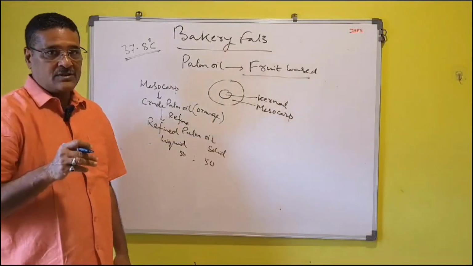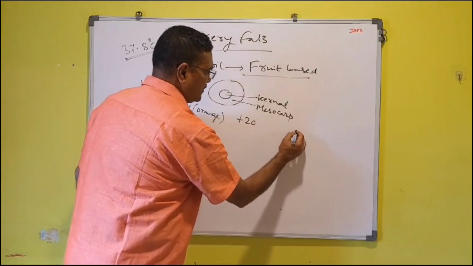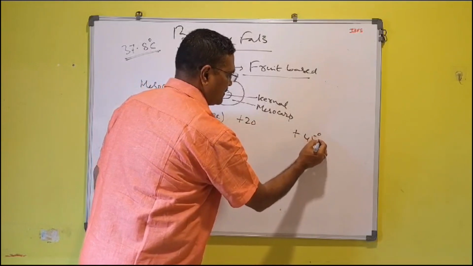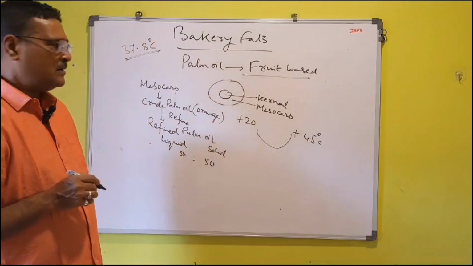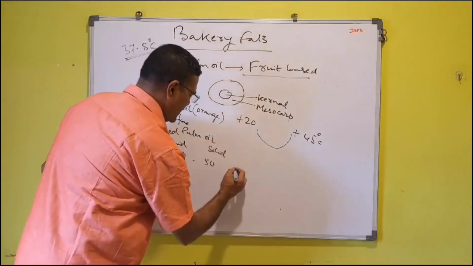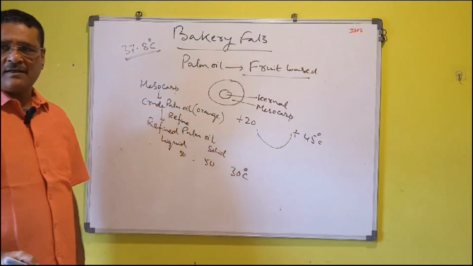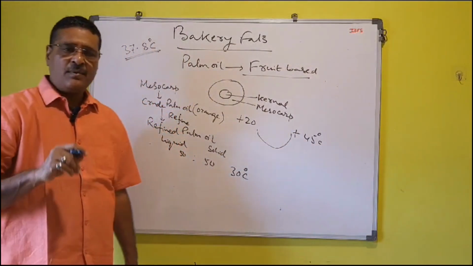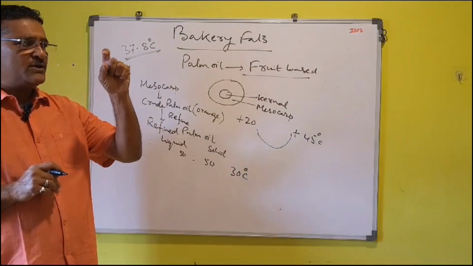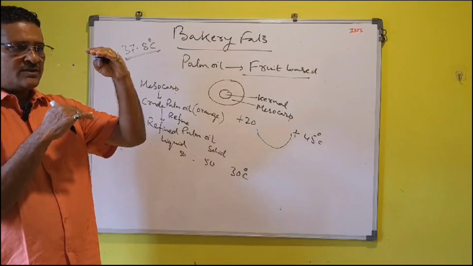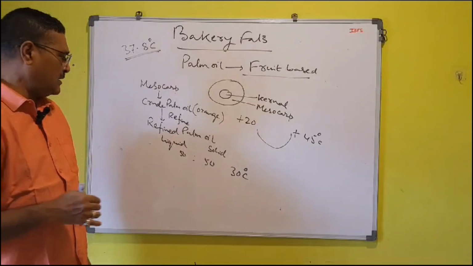On average, the ambient temperature varies from +20 to +45 degrees centigrade. So denoting this ambient temperature is very important. Let us assume 30 as our base reference. At 30 degrees centigrade, if I keep palm oil in a bottle, you will see that the liquid portion is on the top and almost 80% of the bottle is a white solid, semi-solid type.